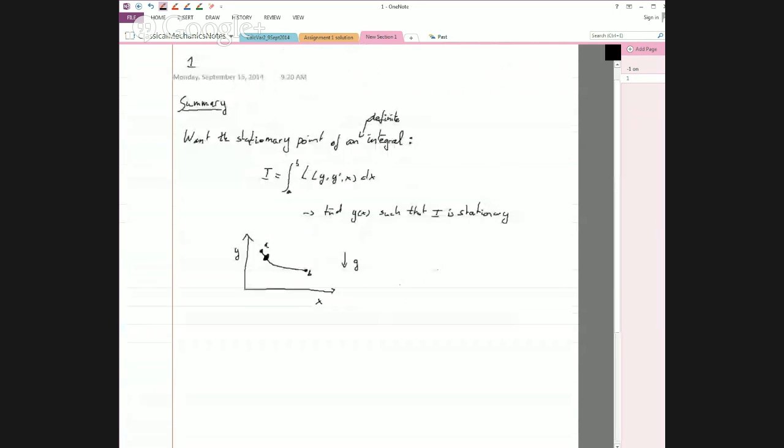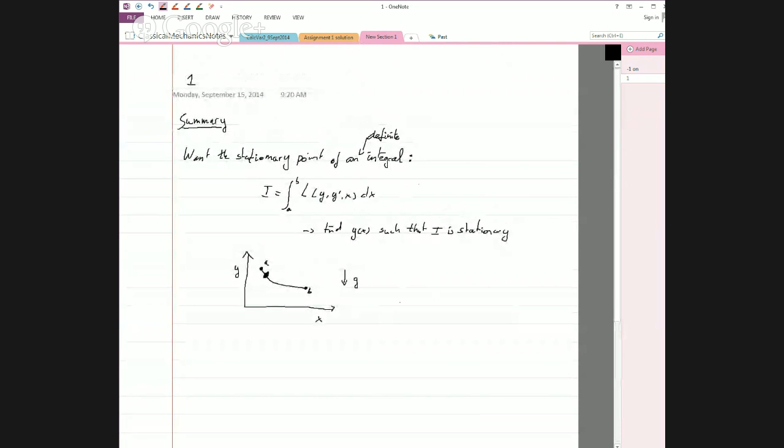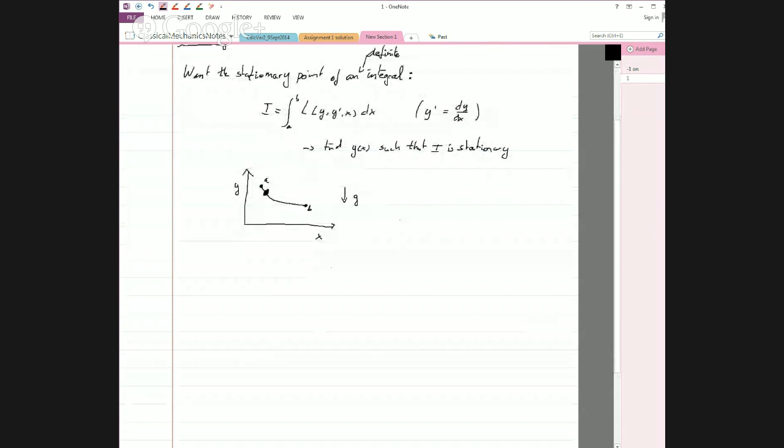And I guess the other point was that y prime is dy by dx, right? So let's recall again the variation. One could define a new function, y bar, which was y of x plus epsilon phi of x, right?